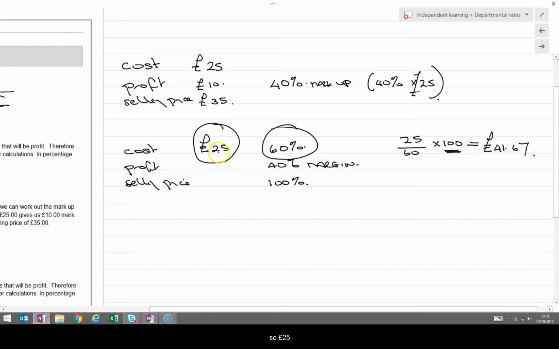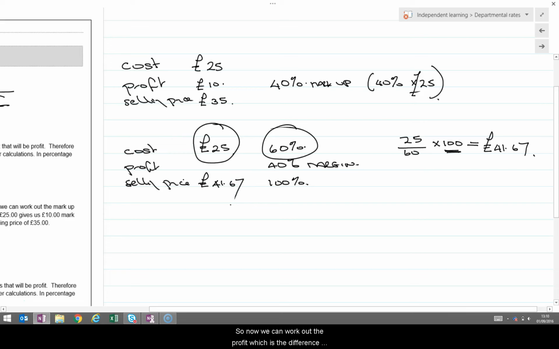So £25 divided by 60 gives us 1%, multiply it by 100 gives us 100%. Now the selling price is equivalent to the 100%. So that tells us our selling price £41.67.